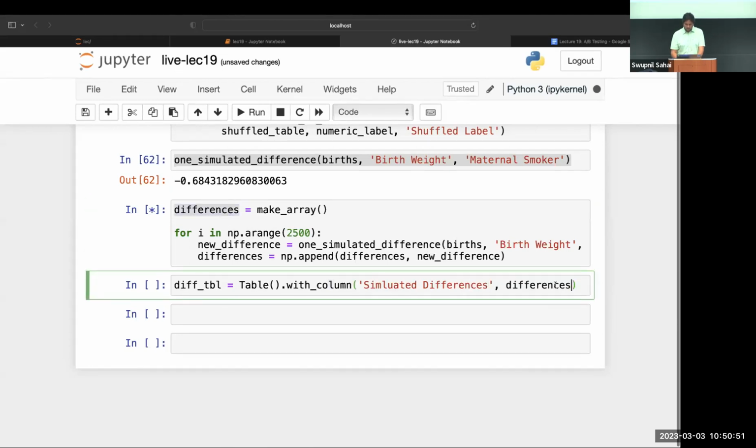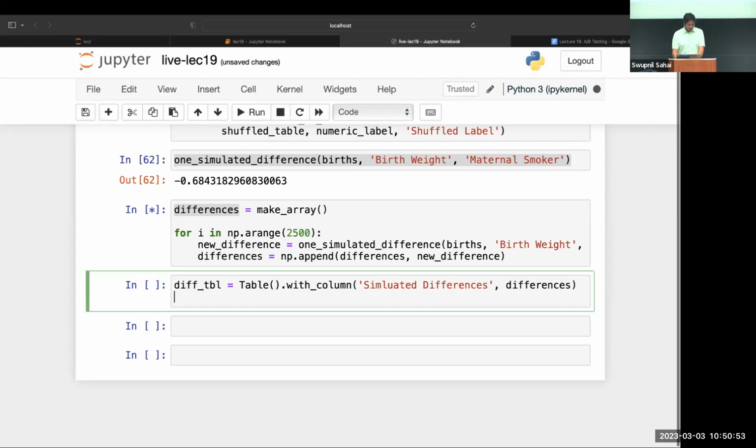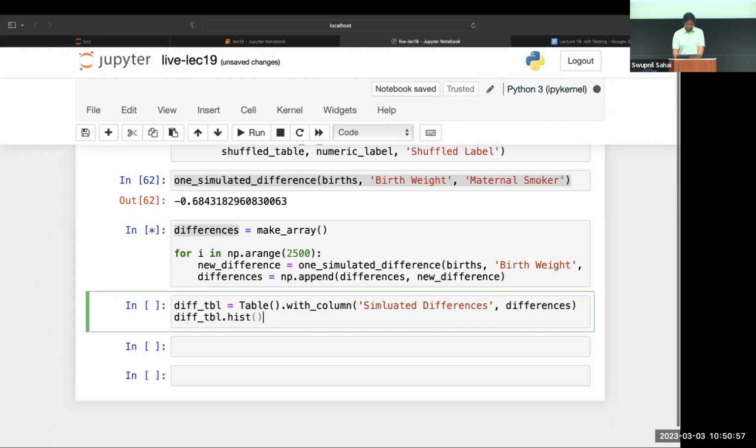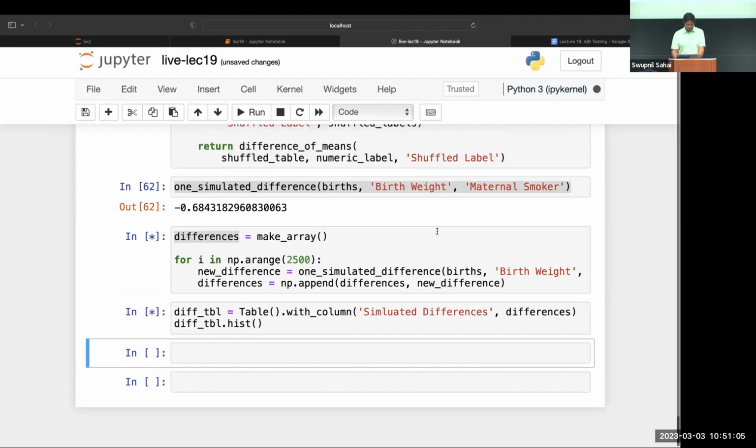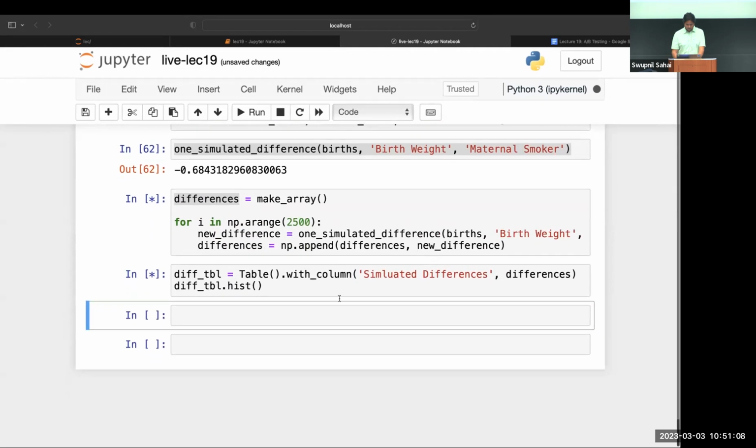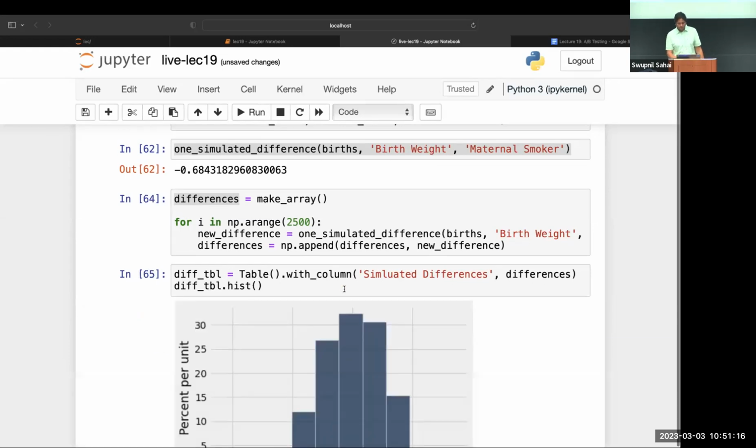It's still running, taking some time. And then we'll just do a histogram of that. Wow, it's still running. That is weird. Okay, well, we'll let this go. That is strange. Okay. And then once we have our histogram, we basically need to calculate our p-value, which is what percent of the data lies beyond the histogram.